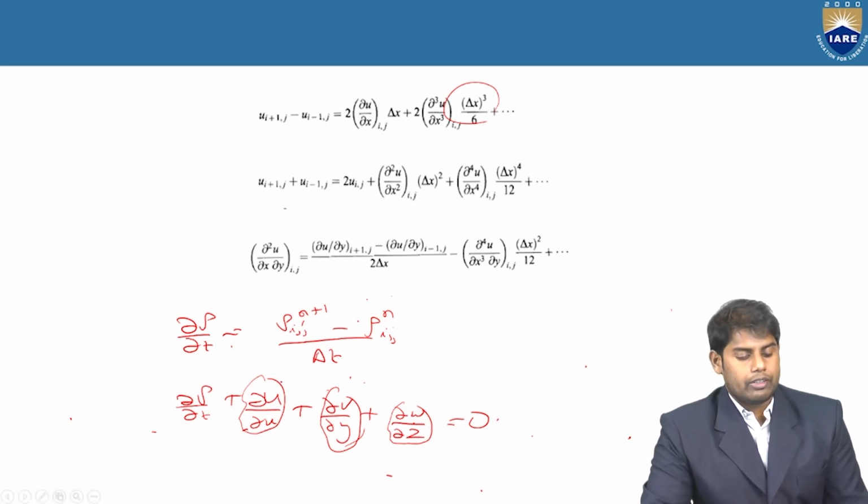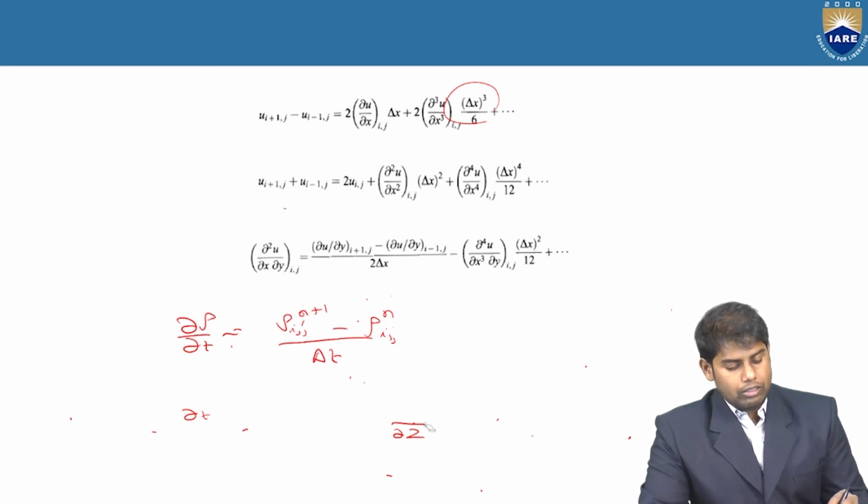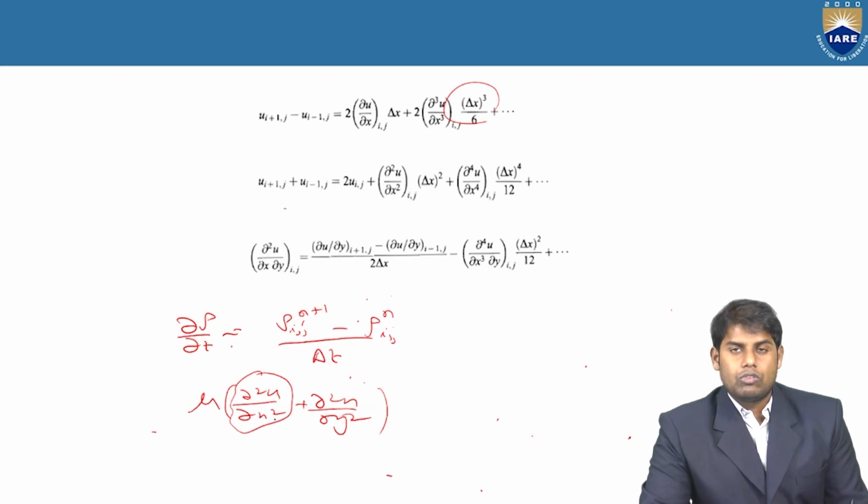Now in the momentum equation we have a second order derivative term: μ into (∂²u/∂x² plus ∂²u/∂y²). So we should also replace this ∂²u/∂x² term. We can replace the first order derivative terms in the governing equations, but now how to replace these second order derivative terms? We will see now.